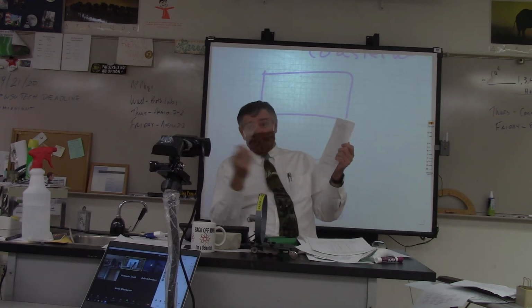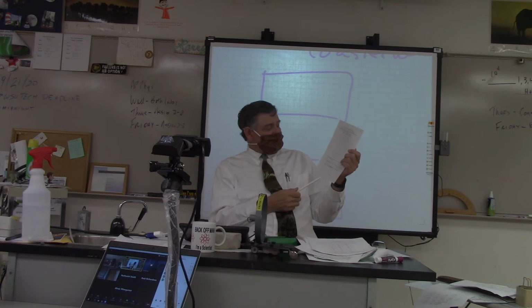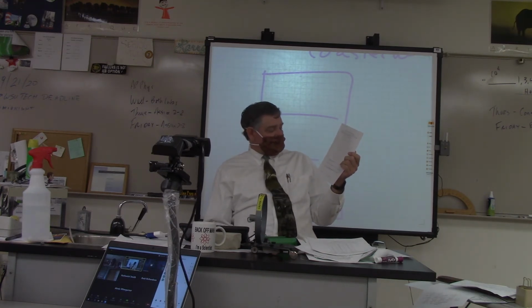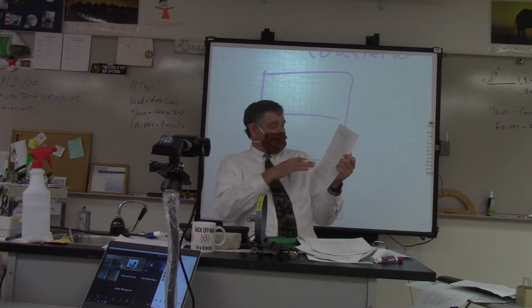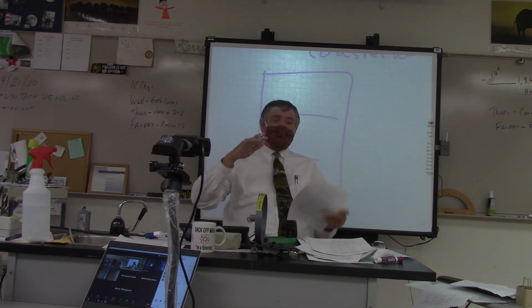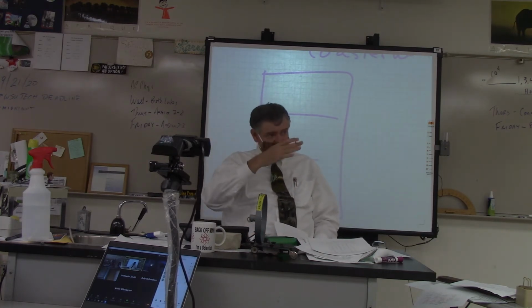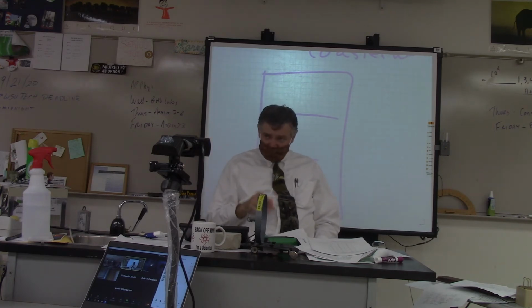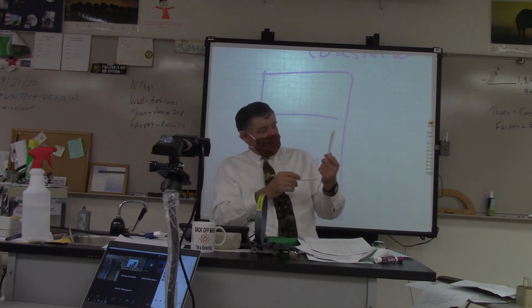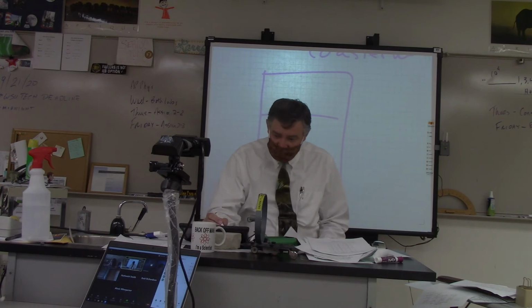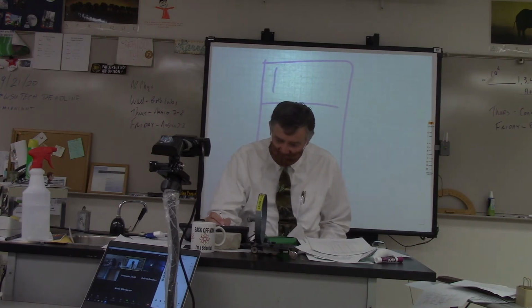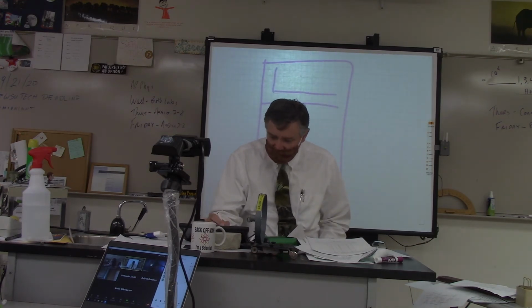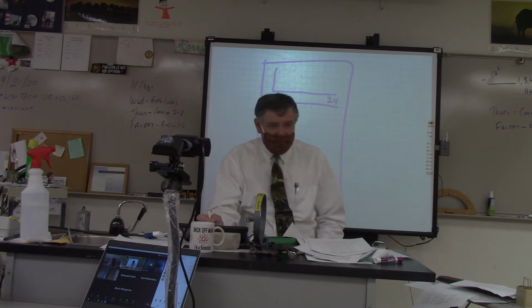But let me tell you what the graph's going to look like. Down here on number 1, it says, plot a position time graph for movement along the ground, describe the shape of the curve. On number 1, you're going to plot horizontal position versus time. You're going to go all the way through 24, so you've got to set up your time scale so you can go from 0 through 24 seconds.